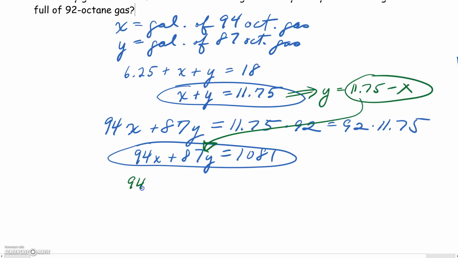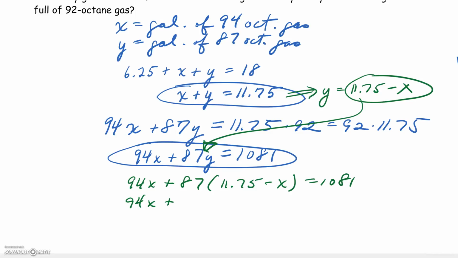So we get 94x plus 87 times 11.75 minus x equals 1081, like so. This leads to 94x plus, well, let's see, 87 times 11.75 is 1022.25, and then we get minus 87x, and that's equal to 1081, like so.